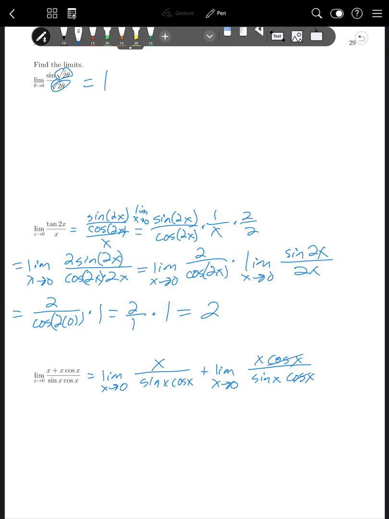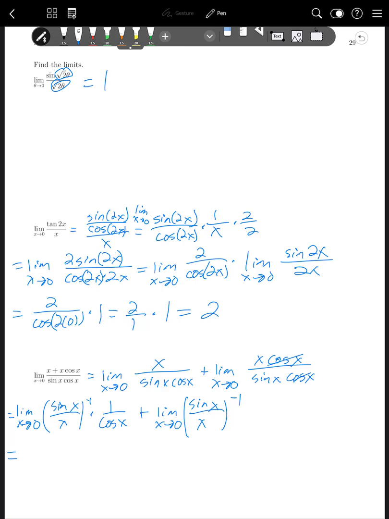And so on the right-hand side, the cosine x cancel. And now in both instances, I have x over sine x. So I can flip that over using the reciprocal. So this would equal the limit as x approaches 0 of sine x over x to the negative first times 1 over cosine x plus the limit as x approaches 0 of sine x over x to the negative first.